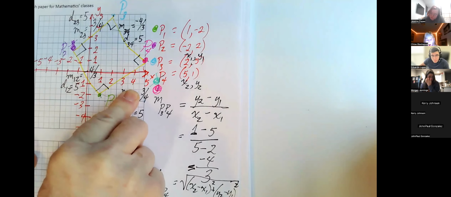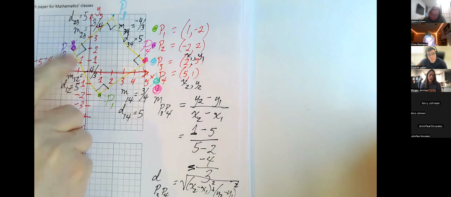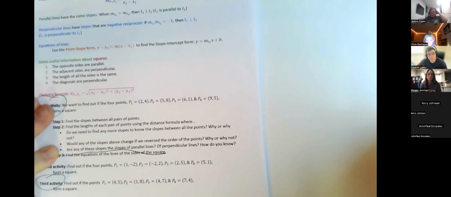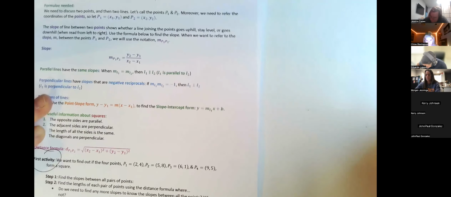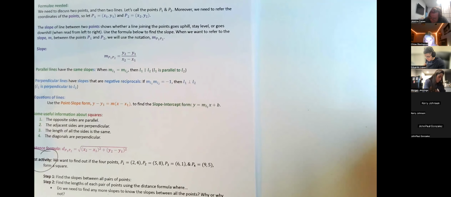And we know that for a square, the opposite sides have to be the same, parallel, and that two sides that are next to each other or adjacent, the product of their slopes needs to be -1, and all the lengths need to be the same. Can you see all the formulae?